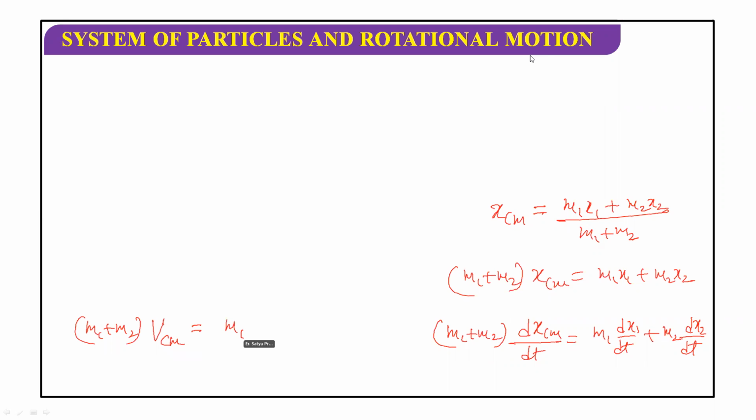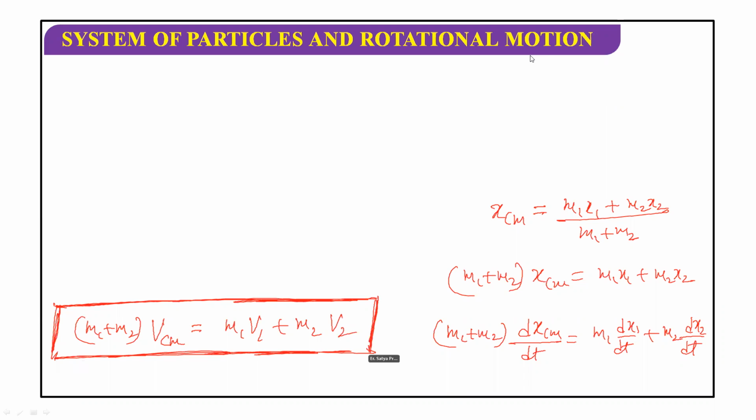And this is M1 V1 plus M2 V2. So that gives a new formula for us: M1 plus M2 into VCM is equal to M1 V1 plus M2 V2.